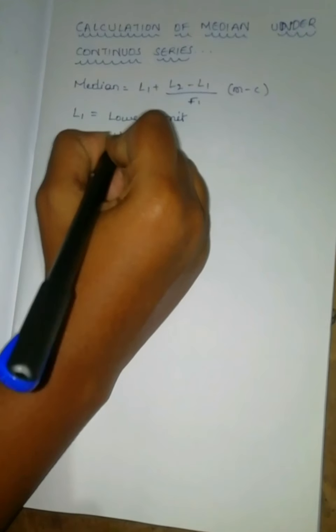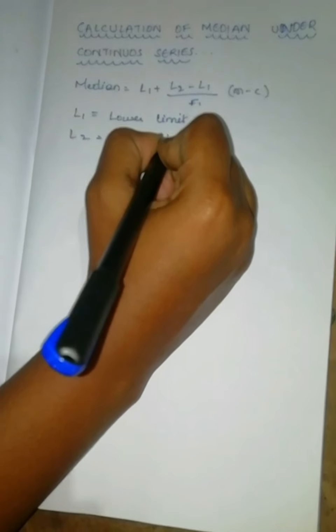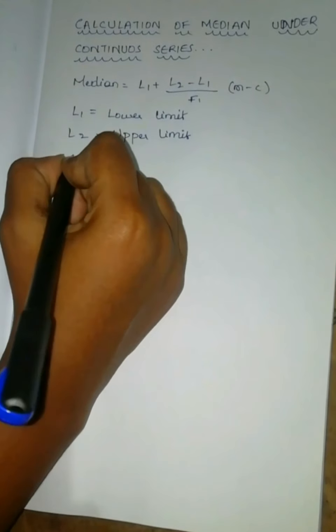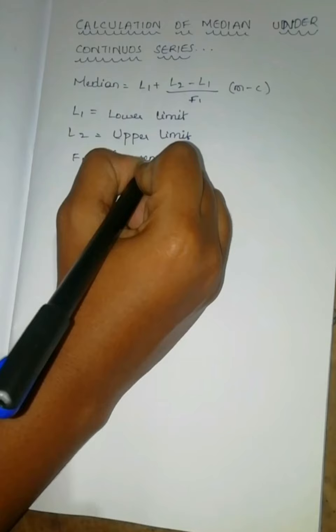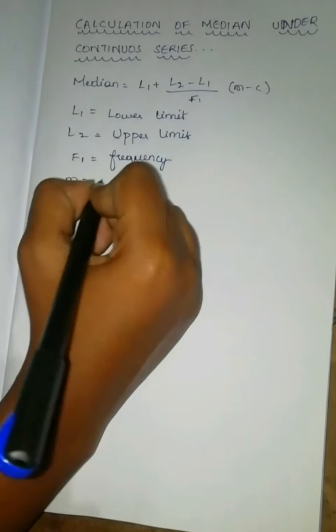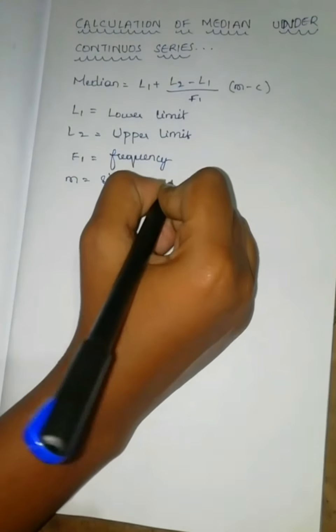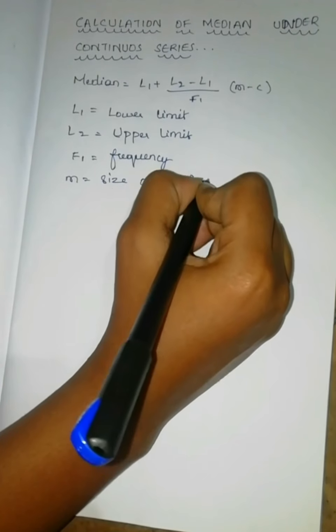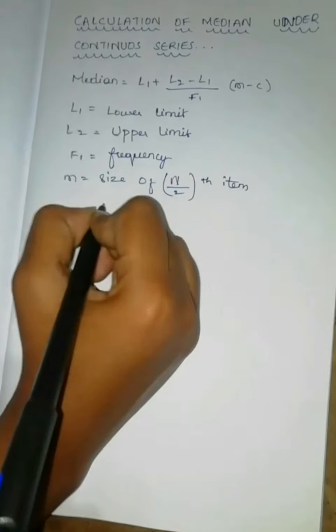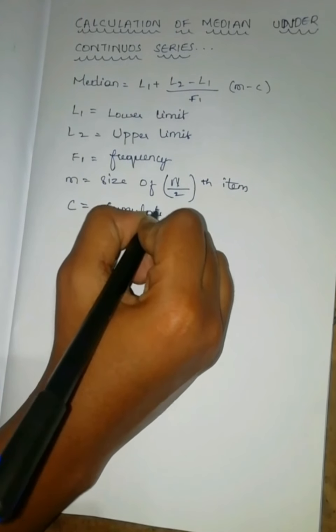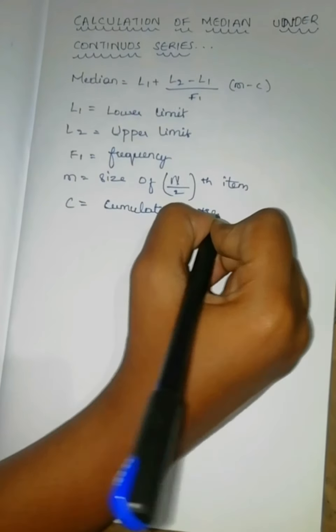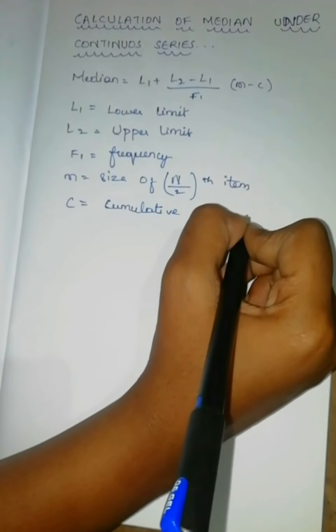L2 is the upper limit of the median class. F1 is the actual frequency of the median class. M is the size of n by 2th item. C is the cumulative frequency of the class preceding the median class.